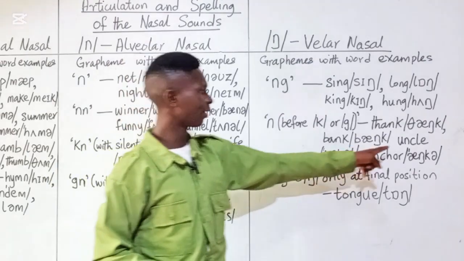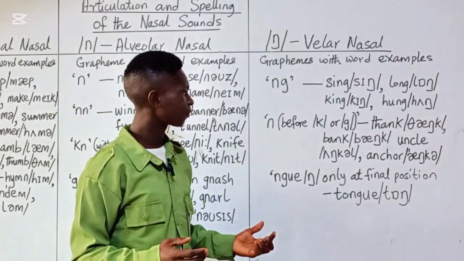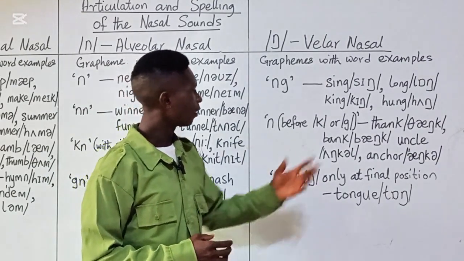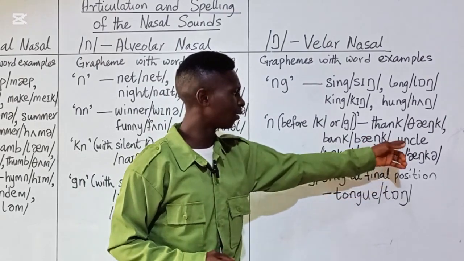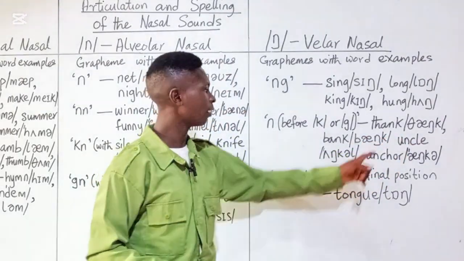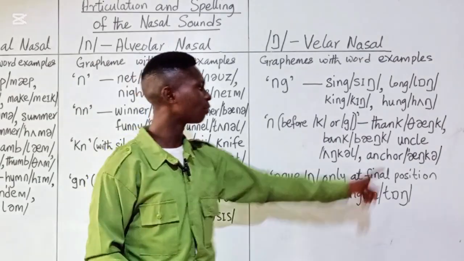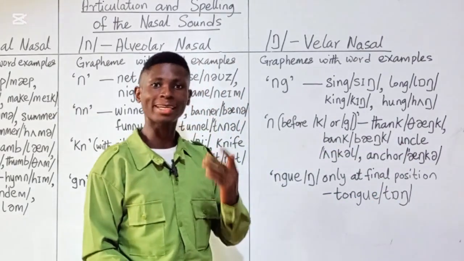Now looking at the word uncle, you may be inquisitive enough to ask, why do we have the velar nasal sound in place of the letter N when the next letter is C? That is because in place of letter C, we have the K sound.